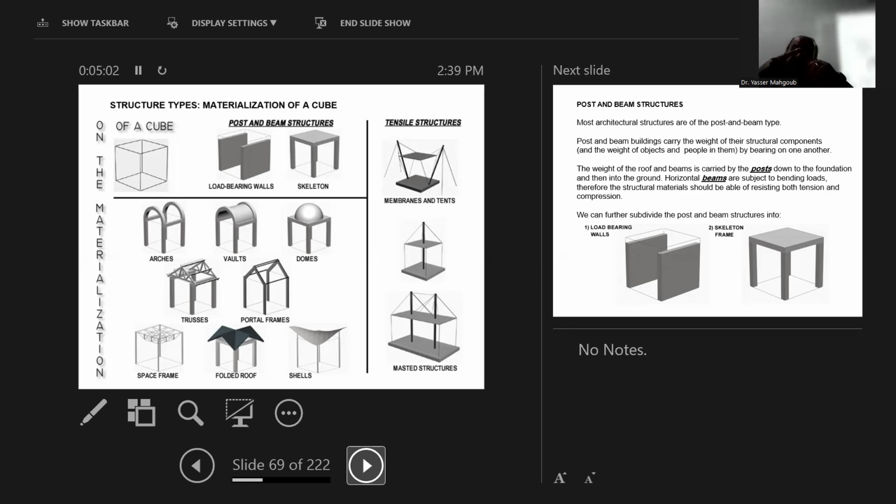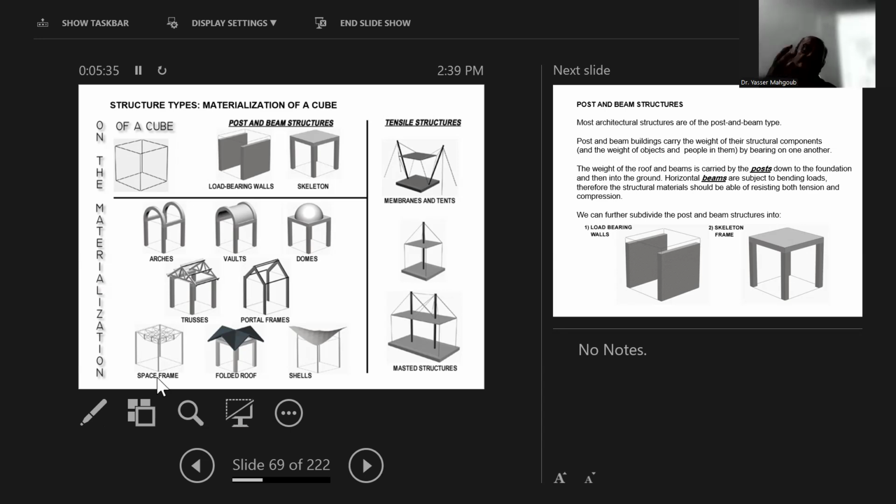So this truss started to allow you to make larger spans and larger volumes. We also have space frames that cover larger areas, and also the folded plates, folded roofs that create a shell that is covering large areas.